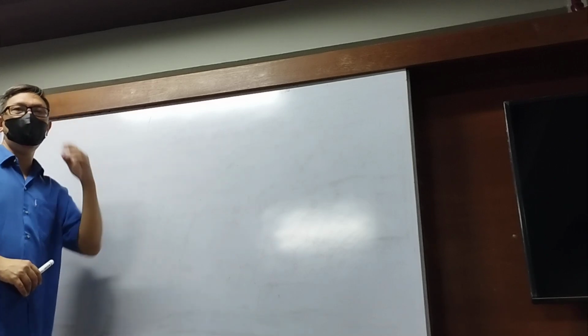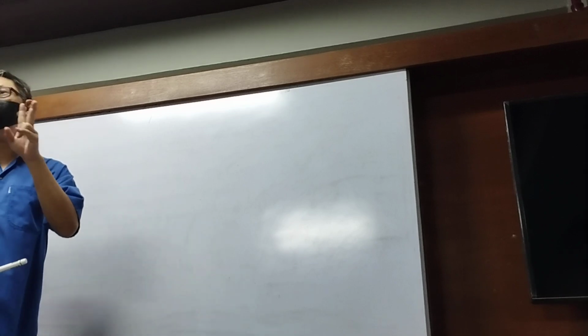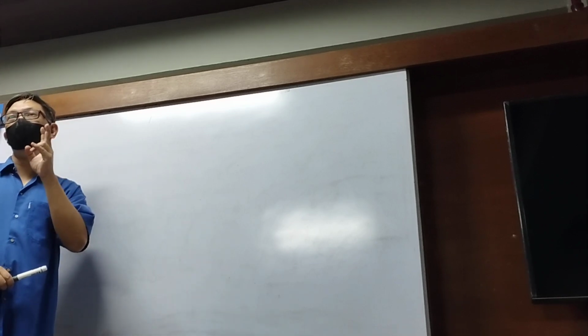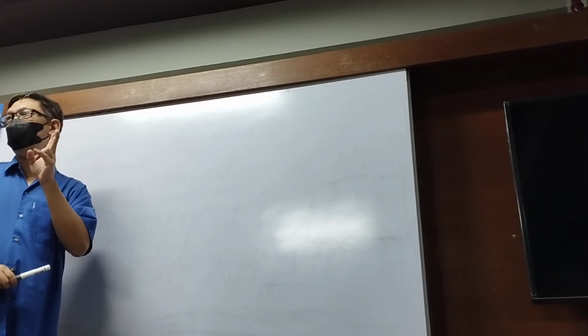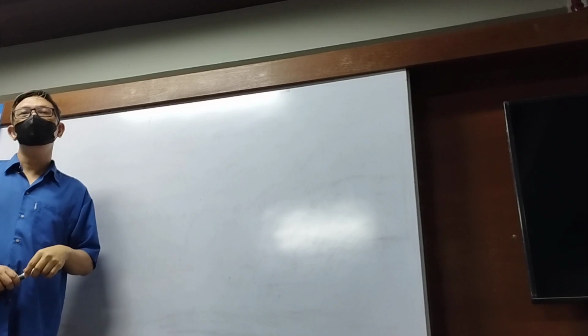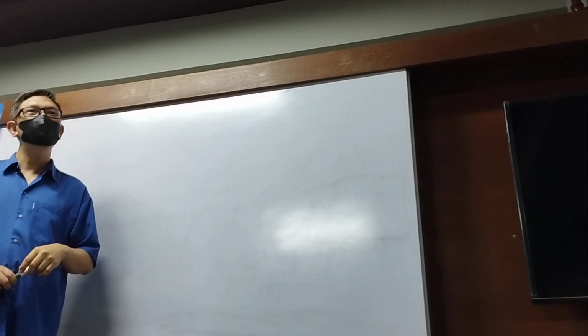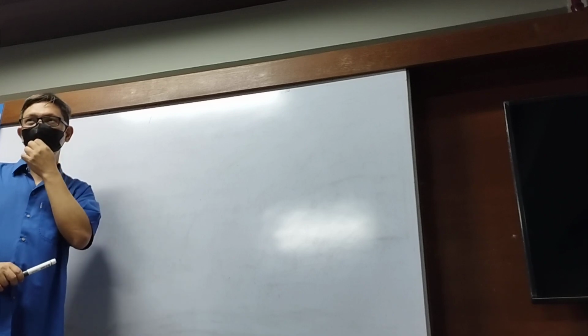If you have watched the acids and bases video, you remember that there are two definitions of acids and bases. What are the two definitions of acids and bases? Who has watched the video already? Diba?